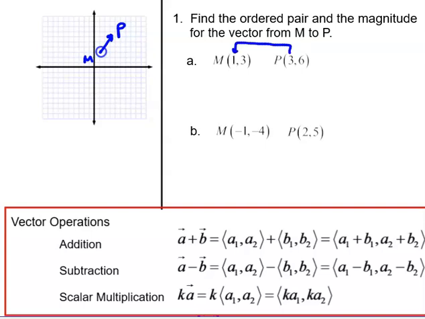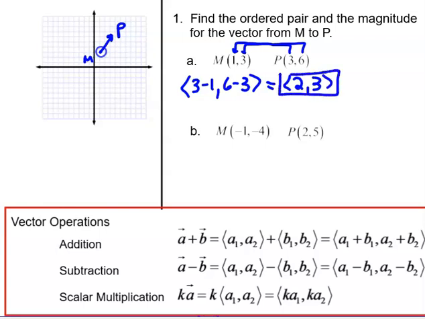P is the ending point. Okay, it goes from M to P. So I'm going to go 3 minus 1, and then I'm going to go 6 minus 3, and we end up with (2, 3) for an ordered pair.